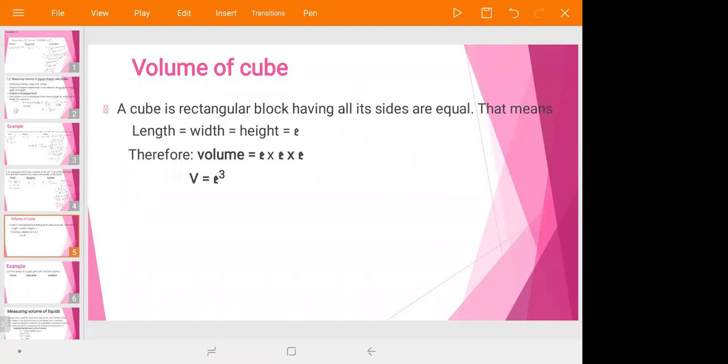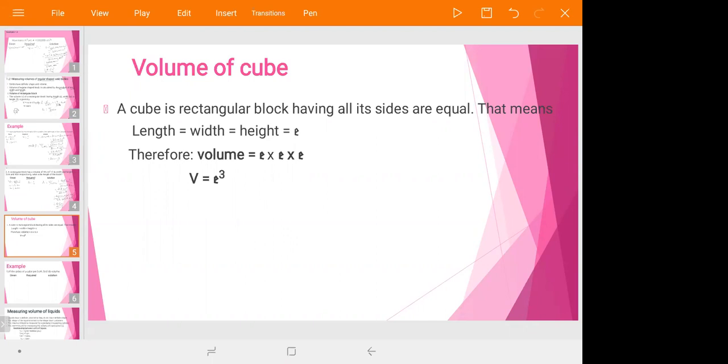The other one is the volume of cube. What is a cube? Do you know the definition of cube? We have seen this when calculating the area of a cube.